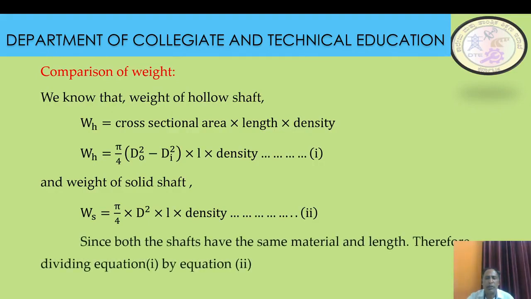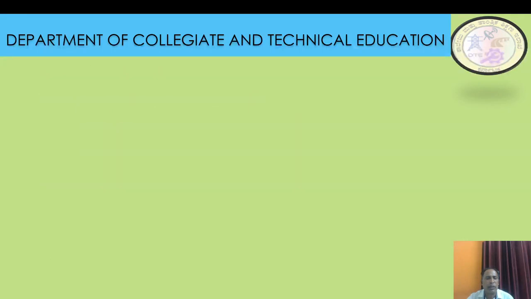Since both the shafts have the same material and length, dividing equation 1 by equation 2, WH by WS is equal to pi by 4 (dO square minus di square) into L into density, divided by pi by 4 into d square into L into density.